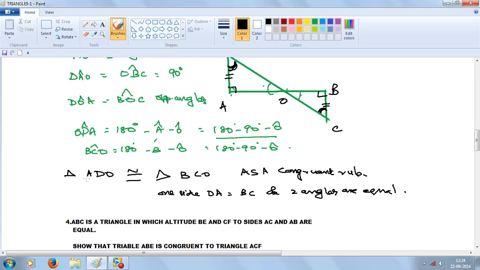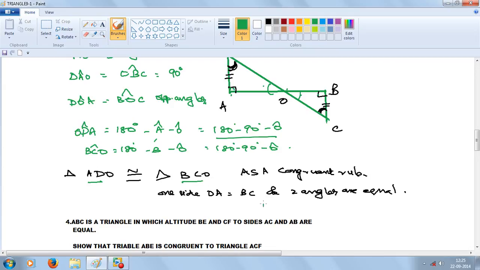When I say it's ADO, the other is BCO. It ends with O because AD is equal to BC. It should come in the same order; the order you should not change. How to know the order? We can check like this. See, AD is equal to BC.